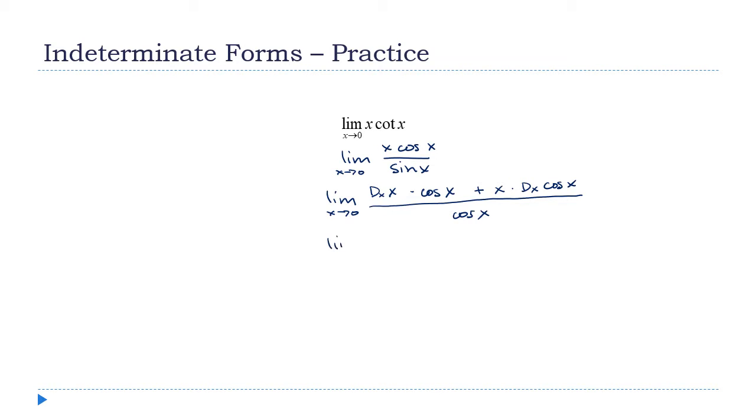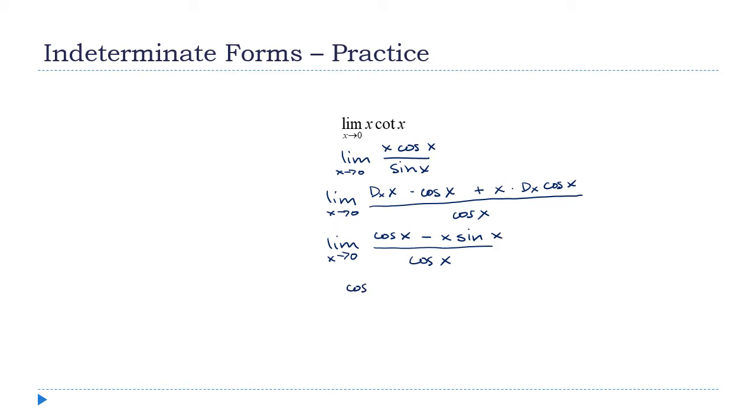All right, so let's see. Now we have the limit as x approaches 0. The derivative of x is 1, so that's cosine of x minus x sine of x over the cosine of x. Now, let's try putting 0 in and see what happens.